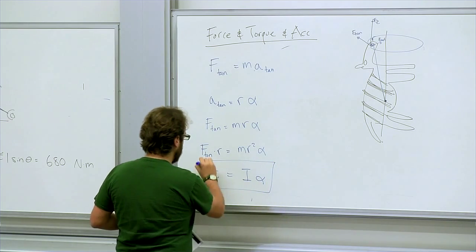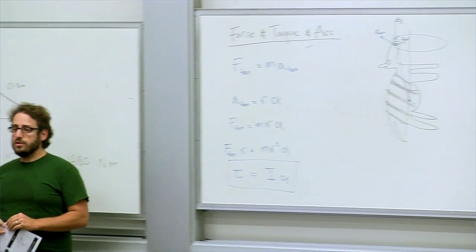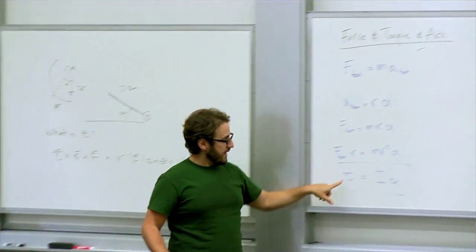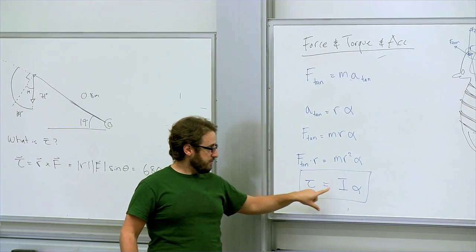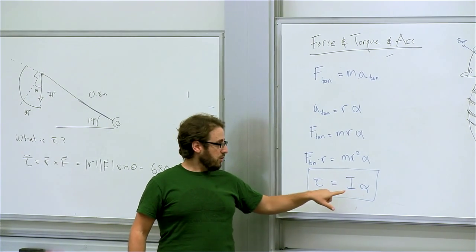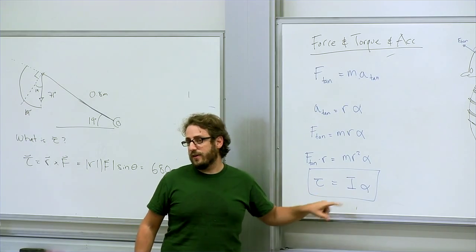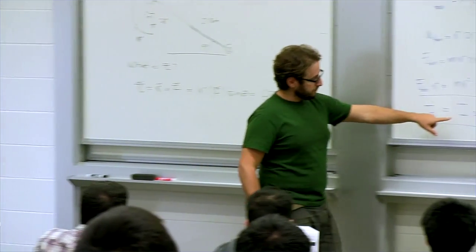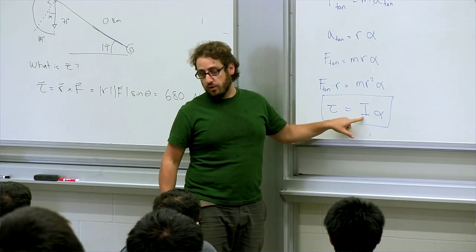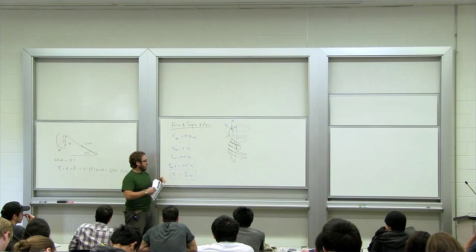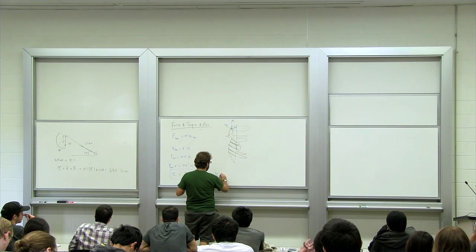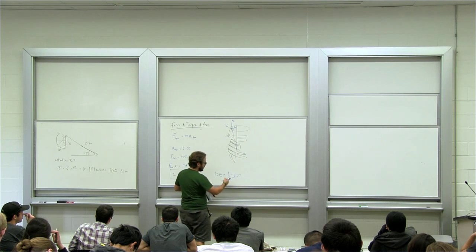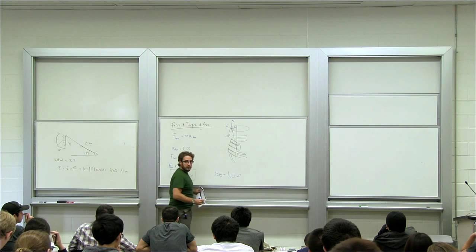Okay, so F equals ma for linear motion just gets translated to tau equals I alpha for rotational motion. Exactly the same concepts. Force is mass times acceleration. So last time we talked about identifying moment of inertia as rotational inertia, because we identified it in the kinetic energy formula: kinetic energy of rotation is 1/2 I omega squared, which reminded us of 1/2 mv squared for linear motion.